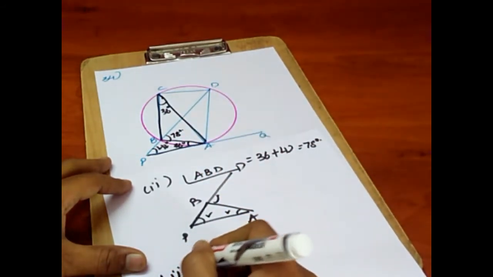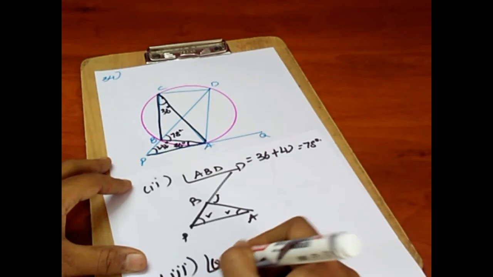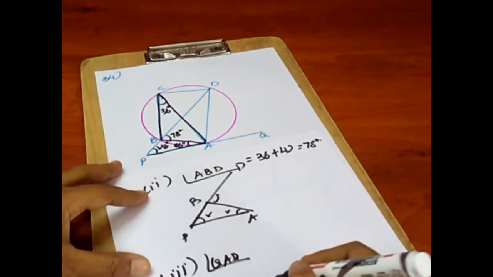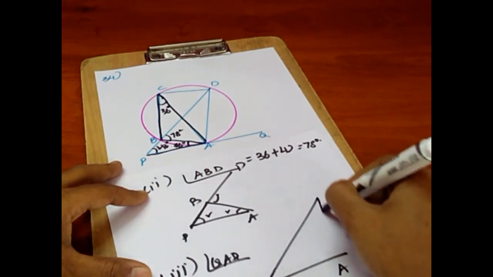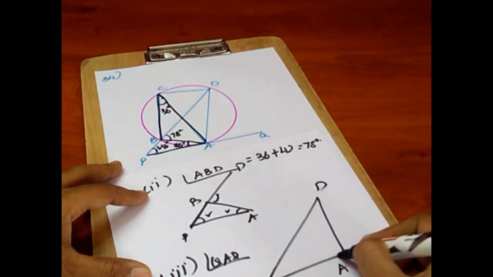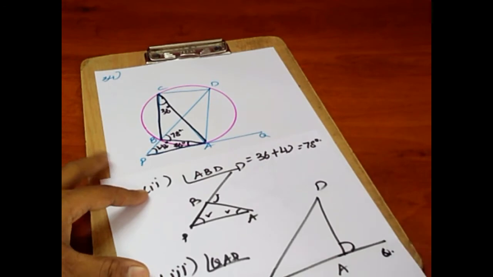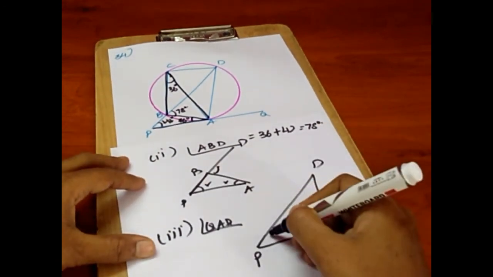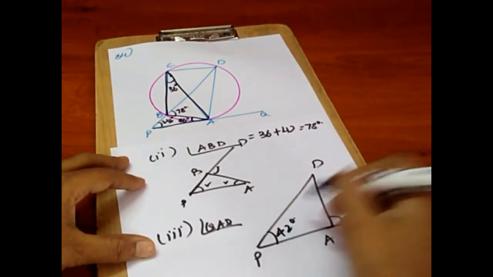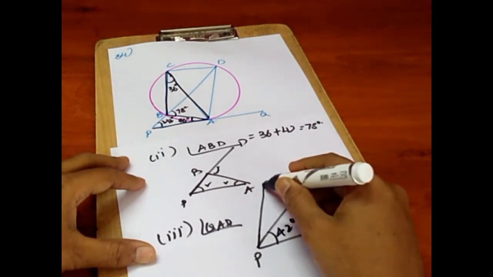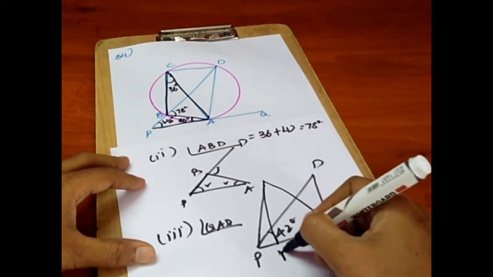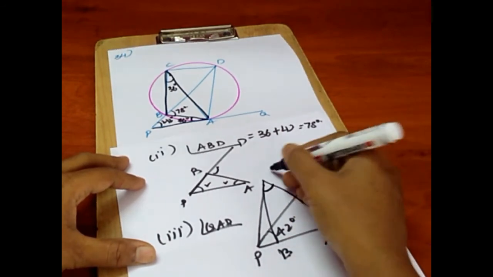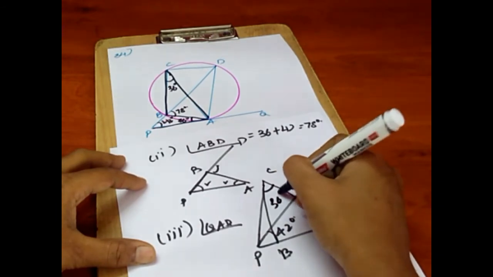Now, sub question 3 is angle QAD. Consider the triangle PAD, so that QAD is an exterior angle. The measure of angle P is 42 degrees and the measure of angle BCA, here we have a point B on a circle, is 36 degrees.